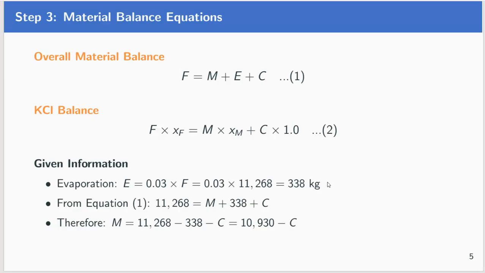Given information, evaporation E equals 3% of F. So E is equal to 0.03 into F. That means 0.03 into 11,268, that is 338 kg.